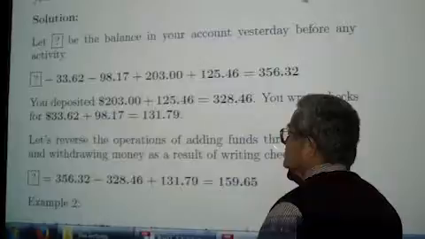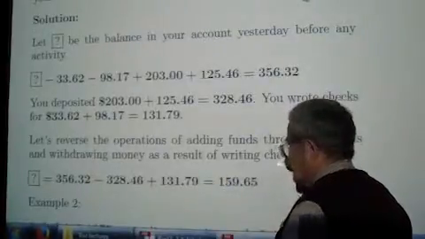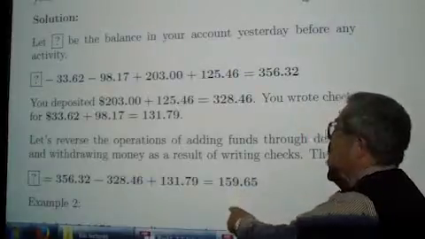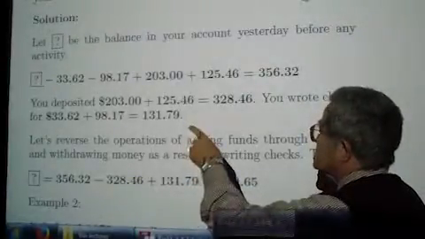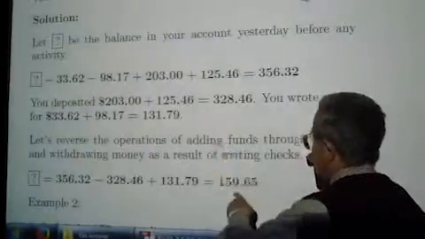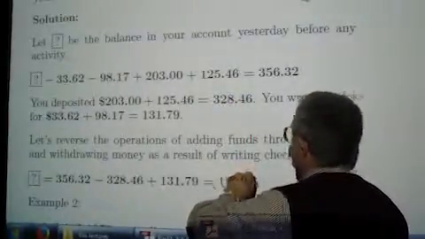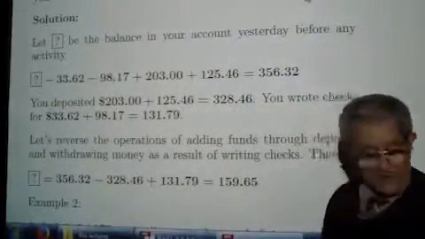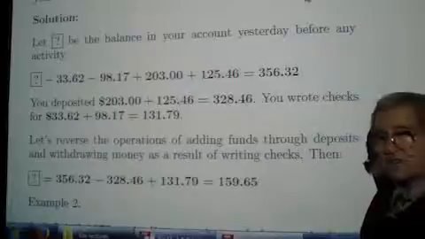That's the reverse of what we are doing. So we arrive at $159.65. Why don't you take this number and then subtract $33.62 and subtract $98.17 from that, add $203, add $125.46. Do you get $356.32 back? Go ahead, see if it works.